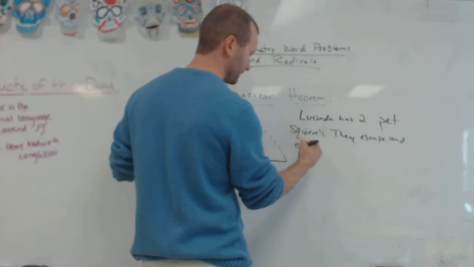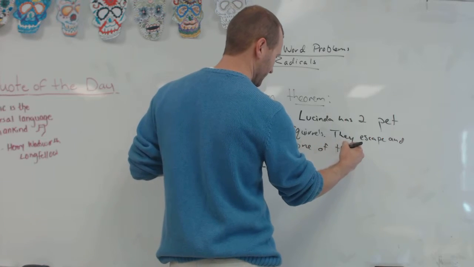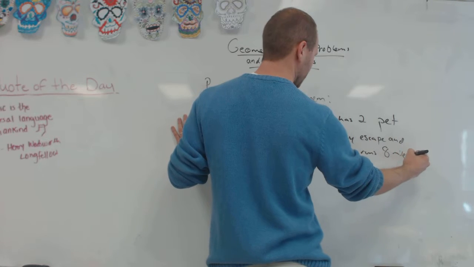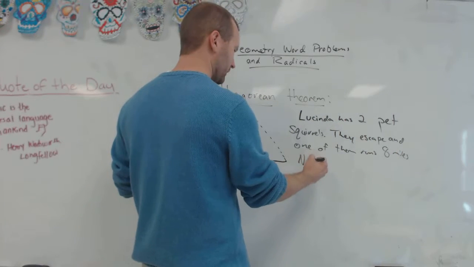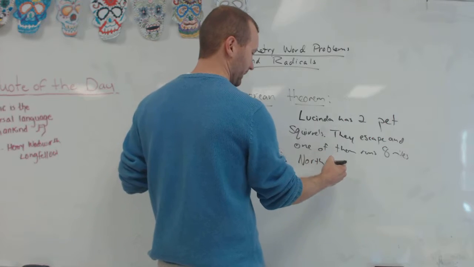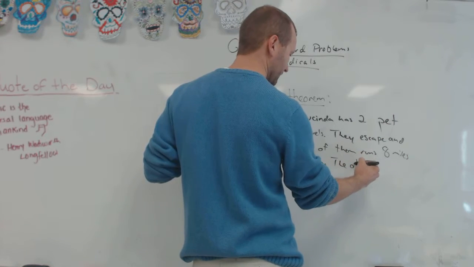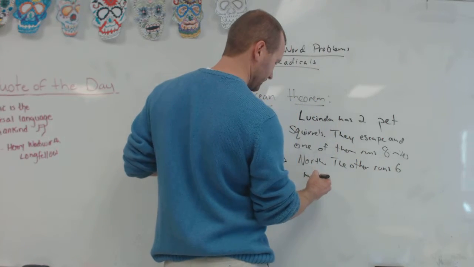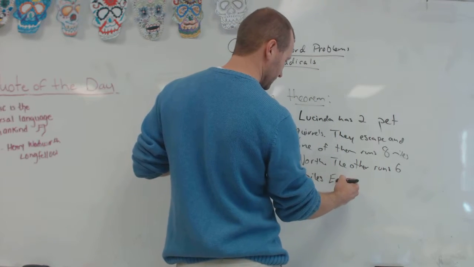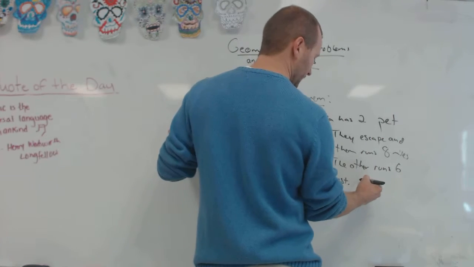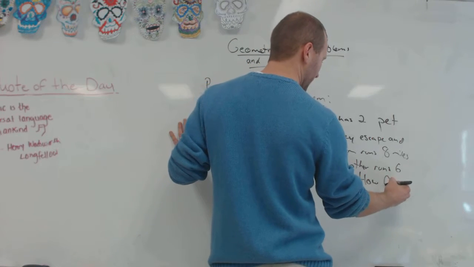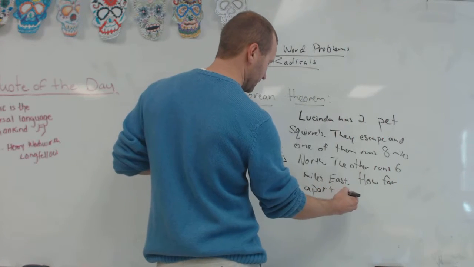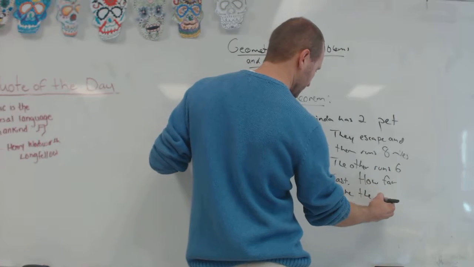And one of them runs 8 miles north. The other runs 6 miles. And then the question would be something like, how far apart are the squirrels?